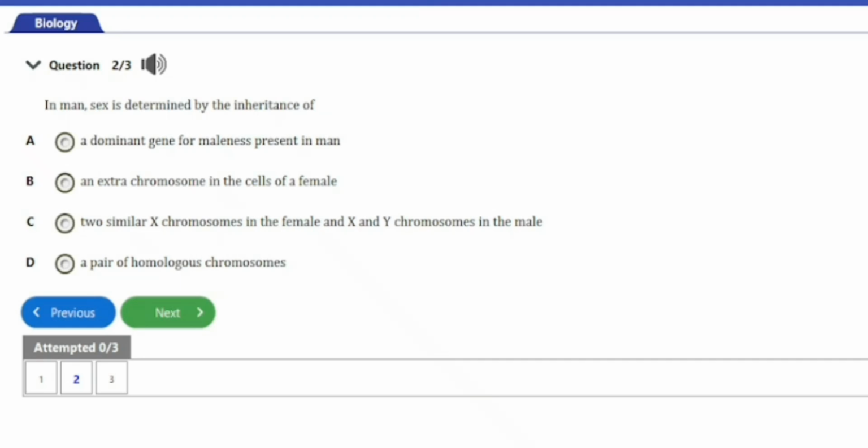So guys, the answer to this question is option C: 2 similar X chromosomes in the female and X and Y chromosomes in the male.